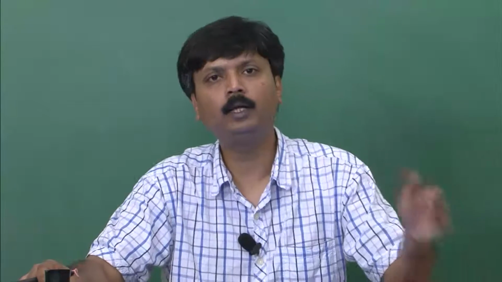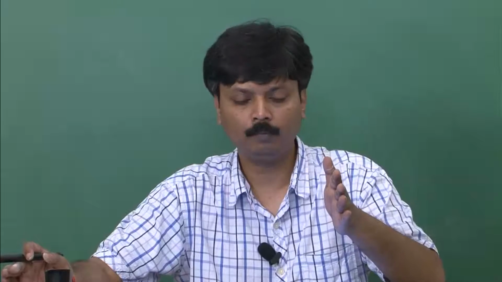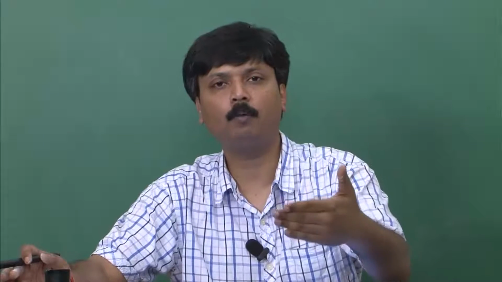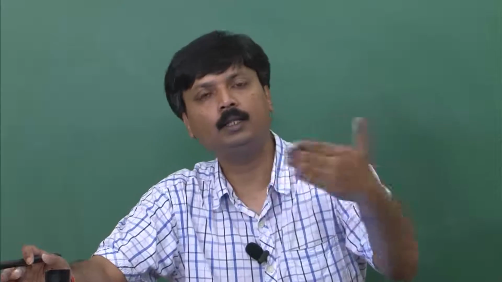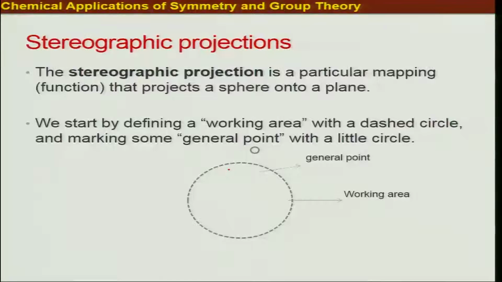We are going in a reverse direction now. Earlier we figured out all the symmetry operations for a particular molecule, and then figured out which point group the molecule belongs to. Now, if someone gives me a particular point group, can I find out what symmetry operations it will have? That's what we will look at now. How will we do that?